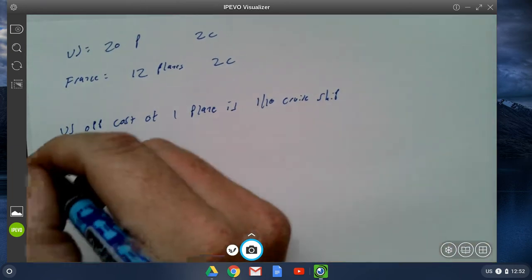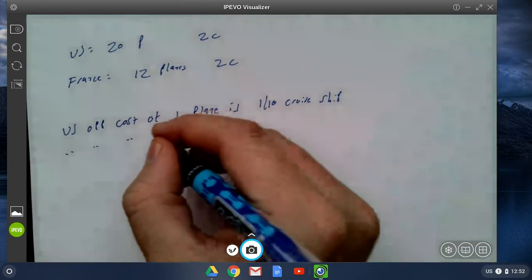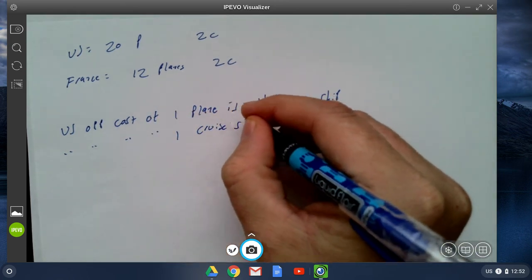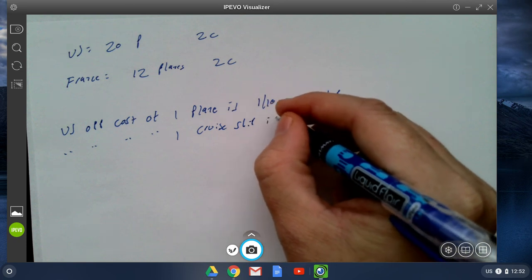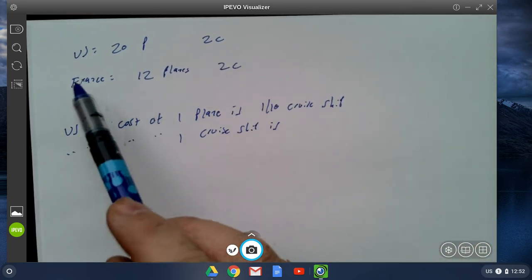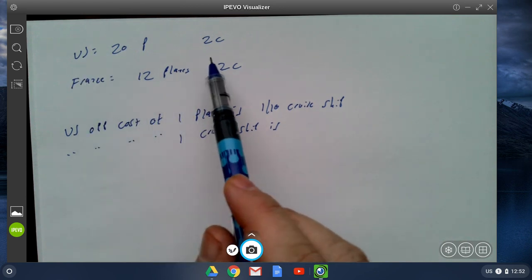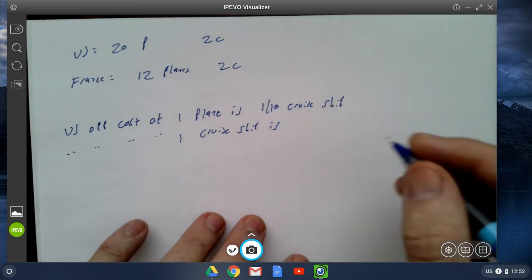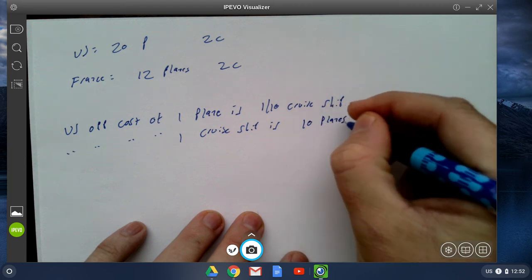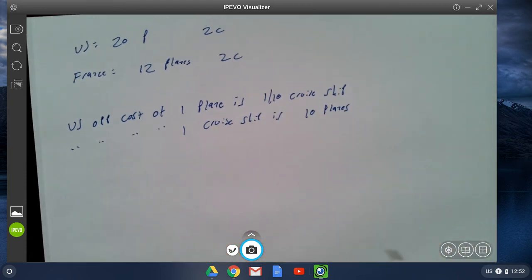Okay, let's do it the other way. So the US opportunity cost of one cruise ship is, if they're going to focus on making one cruise ship, and I already said the United States can make 10 times as many planes as cruise ships, that means they're going to give up 10 planes. Now let's look at France.